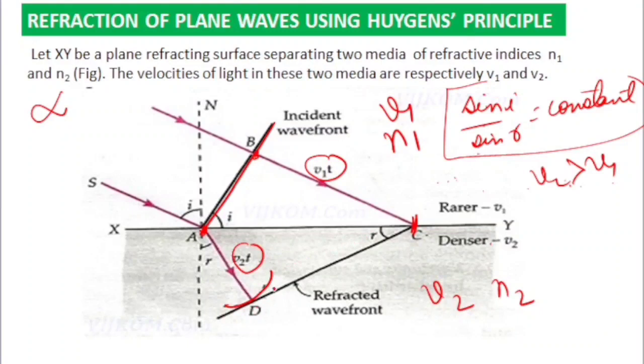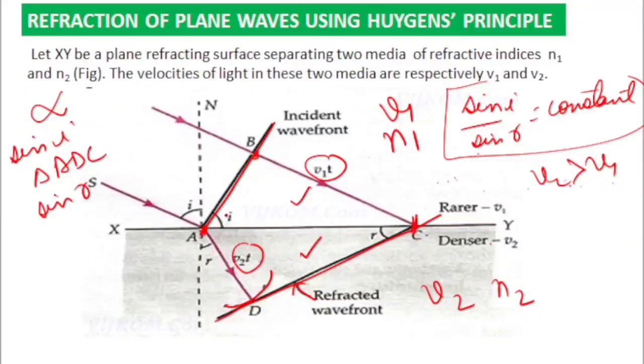Right? So if you draw a common tangent over these wavelets, you get a new wavefront, which is called the secondary wavefront. Using these two triangles, you have to prove sin I by sin R equals a constant. So from triangle ABC you find sin I, and again from triangle ADC you find sin R. Why is this I?